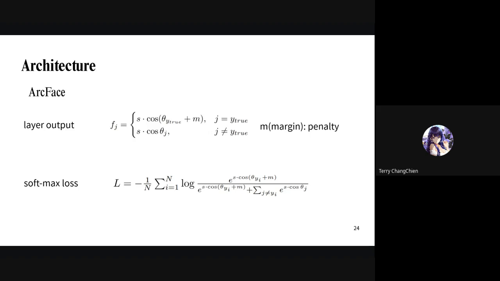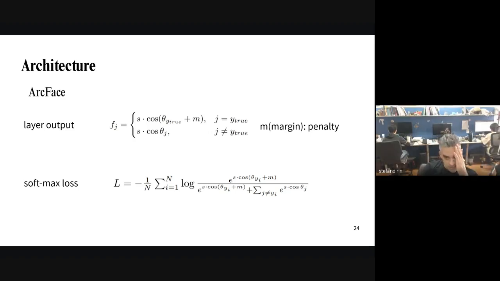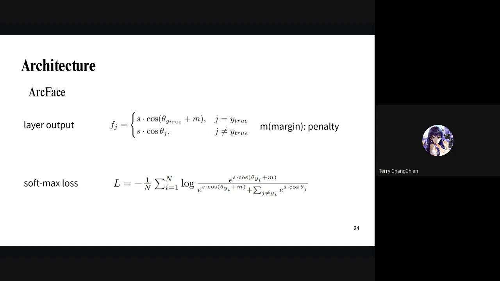That's very nice. So the margin is on the trigonometric function. It's very nice. I didn't know that you could do this. The input should be normalized before this layer.